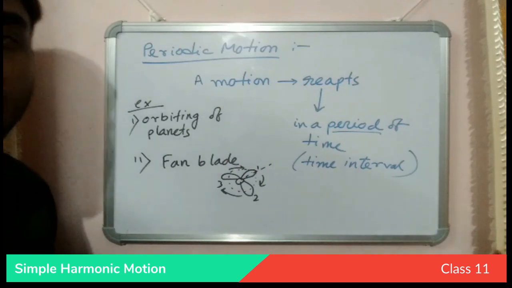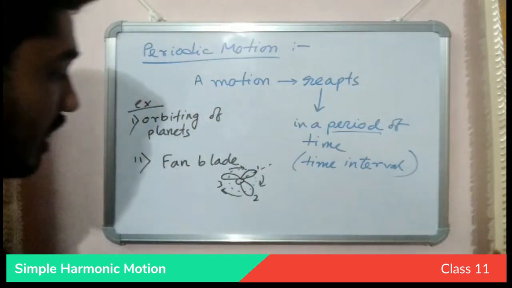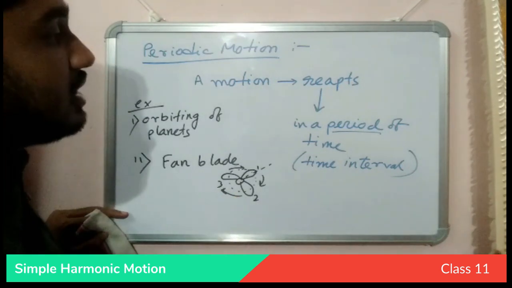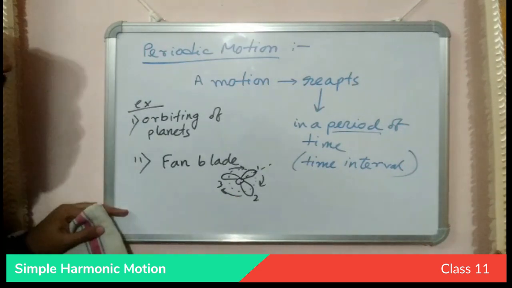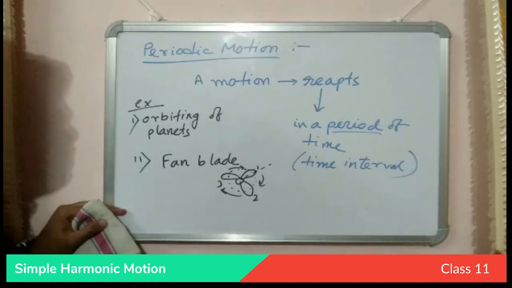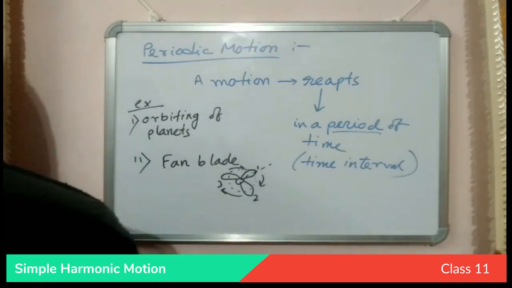So this is a period of time. After a period of time, the motion is repeating, or it reaches its initial position. So it is a periodic motion.